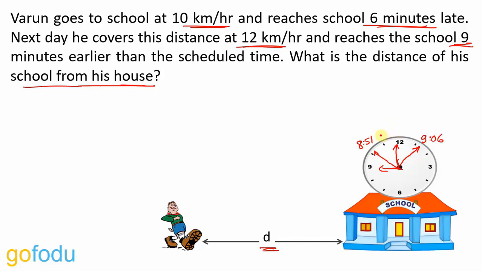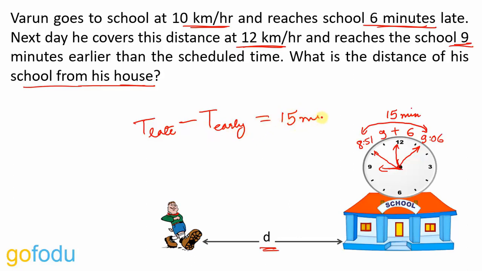And the time difference between the time when he reaches late and the time when he reaches early is what? This is 9 minutes plus 6 minutes, 15 minutes, right? So the time when he reaches late minus the time in clock when he reaches early, the difference in these two timings is what?